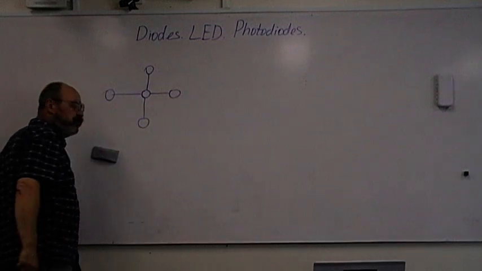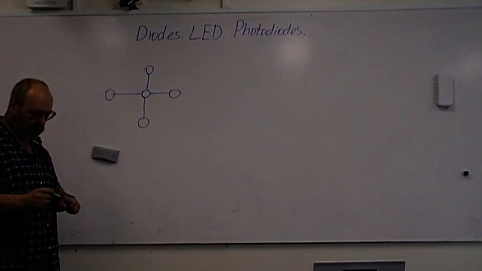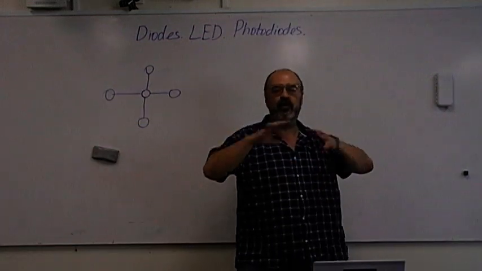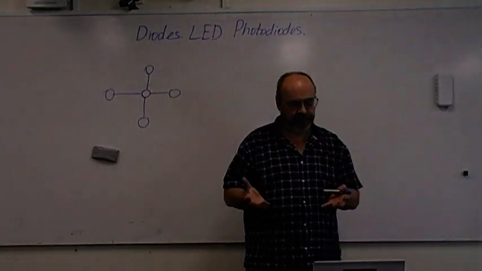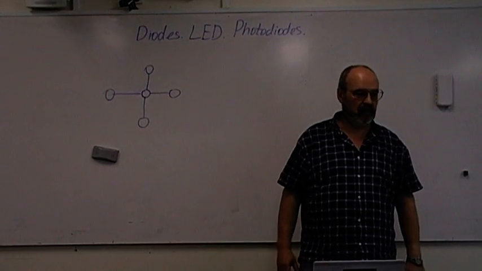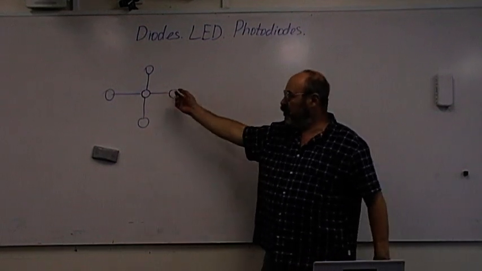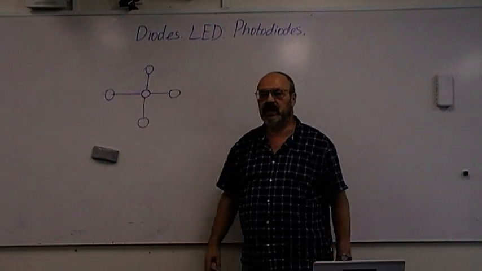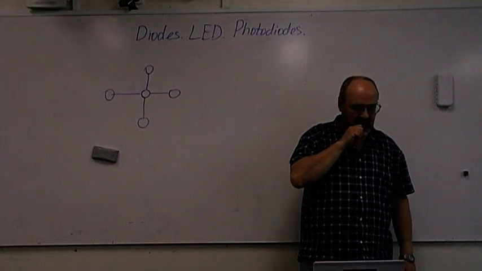Each line represents a pair of electrons. You should know from chemistry that the full outer shell is 8 electrons. So each of them has 4, but they share pairs of electrons, making 8 for each of them.